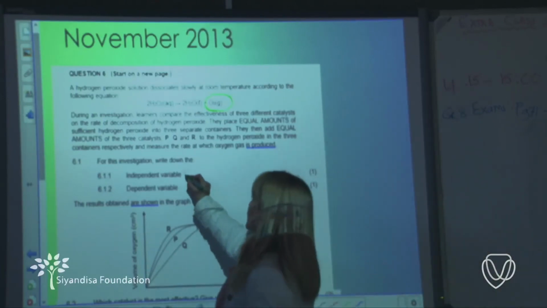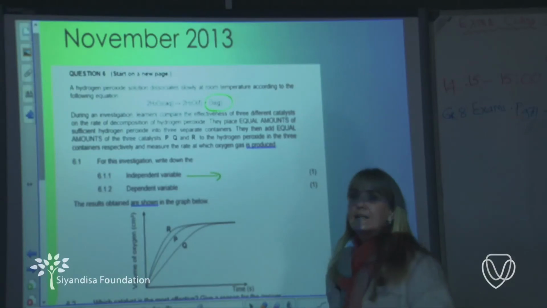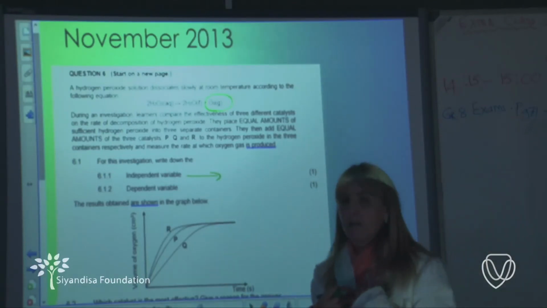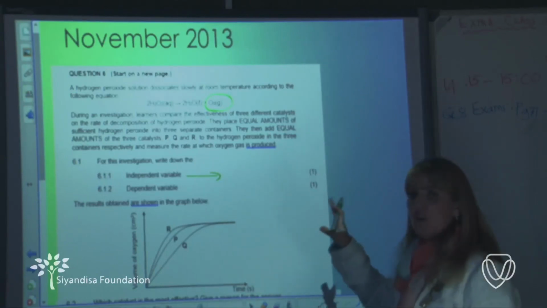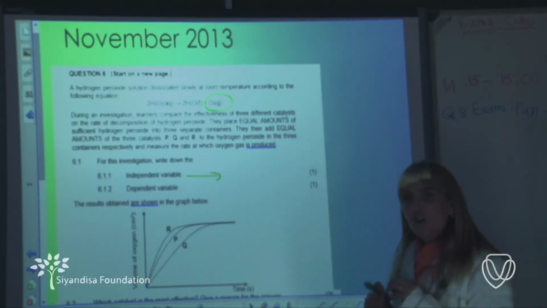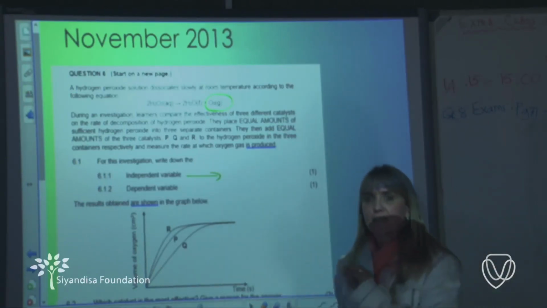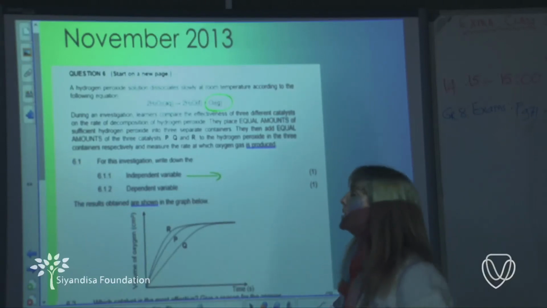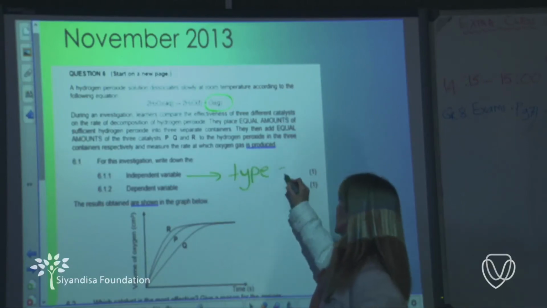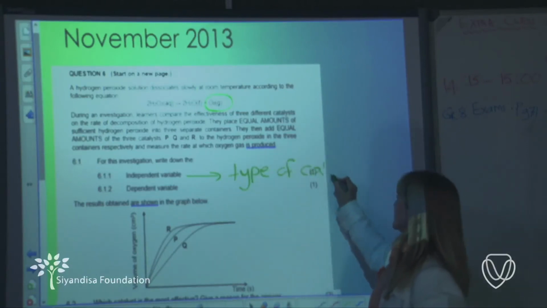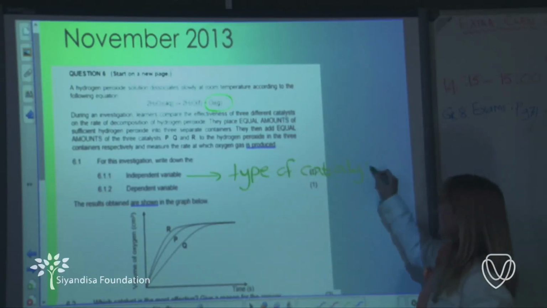Now, please remember that your independent variable is the variable that we manipulate, the variable that we control. What did we control here? We controlled the catalyst that was placed into each of those containers. So the independent variable will be the type of catalyst. Now, what did that influence?